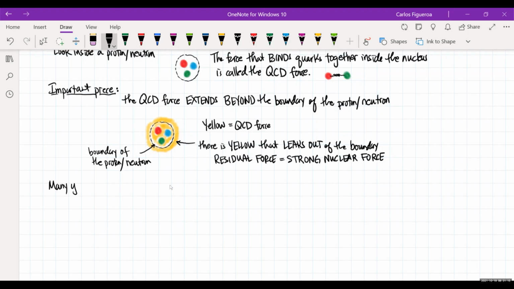So for many years, or many years ago, no one knew about the quarks and the QCD force.